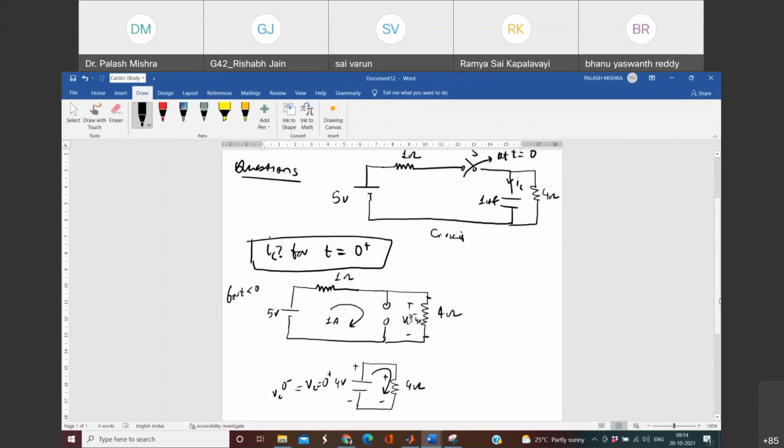This other circuit is already gone because it is open circuited now, switch S is open. So what is the current value I? It will be 4 by 4, which is 1 ampere. So IC(0+) will be 1 ampere. Is it clear?